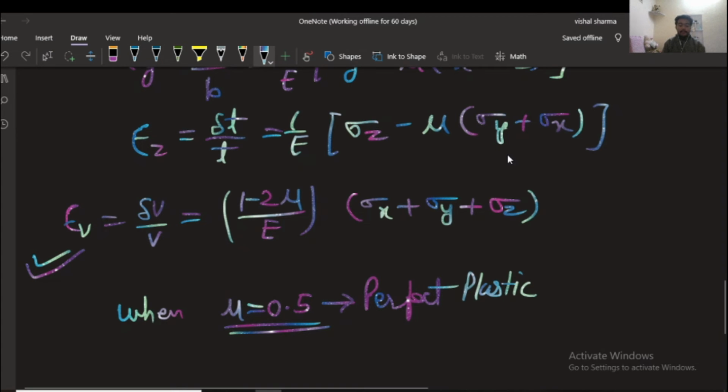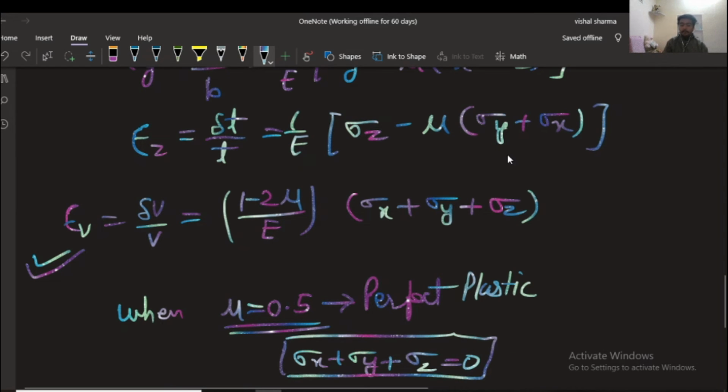You will find that the stresses in the x direction plus y direction plus z direction is equal to 0, because when you put the mu value 0.5, the term becomes 0, so the summation is always 0. So it is the condition for the perfect plastic body.